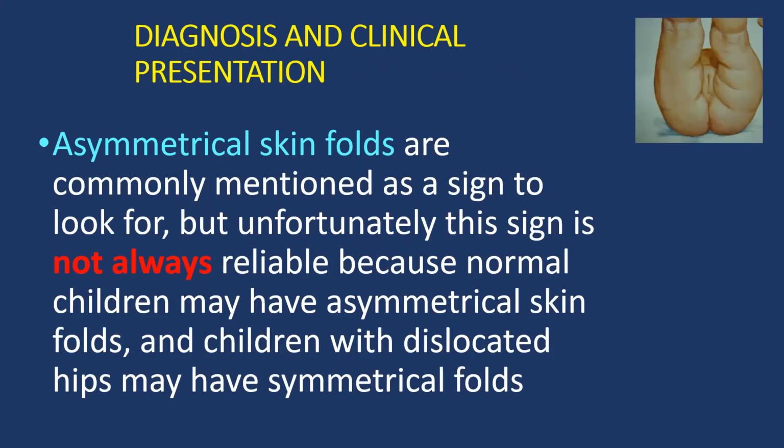Asymmetrical skin folds are commonly mentioned as a sign to look for, but unfortunately, this sign is not always reliable because normal children may have asymmetrical skin folds, and children with dislocated hips may have symmetrical folds. So please, if you're asked in the oral exam about the folds, say this is very unreliable. You can be confused. You can condemn a child to have DDH when he's totally normal.